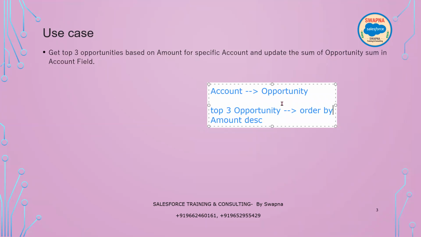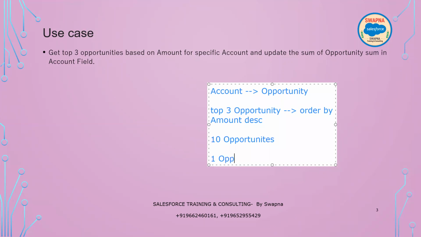For example, I have 10 opportunities. Out of 10 opportunities, one opportunity has $5,000. This is the highest. Assume the second opportunity is $4,000. The third one is $3,000.